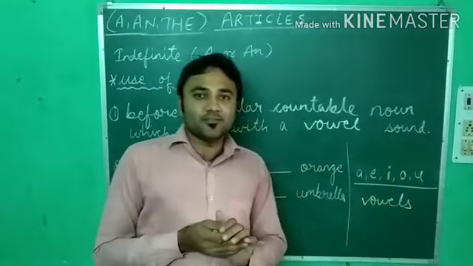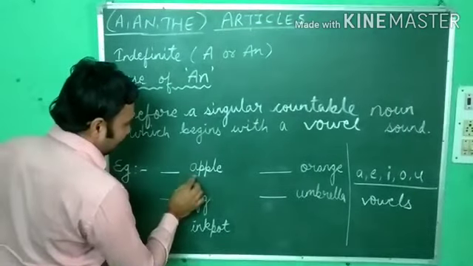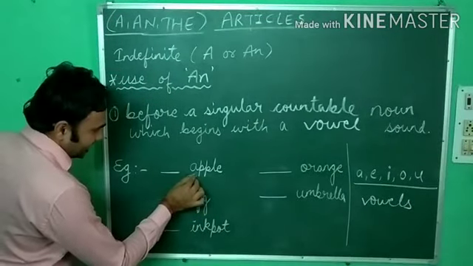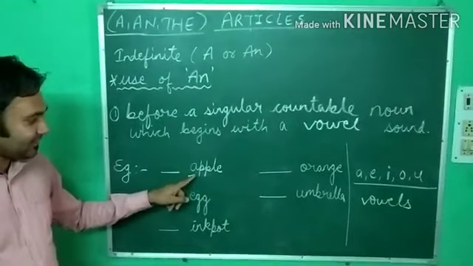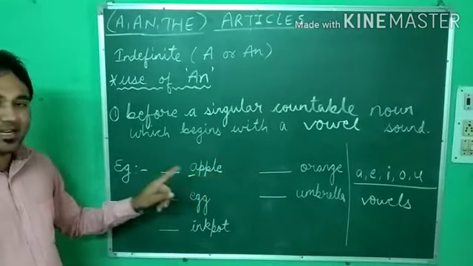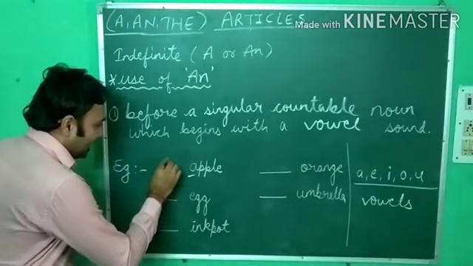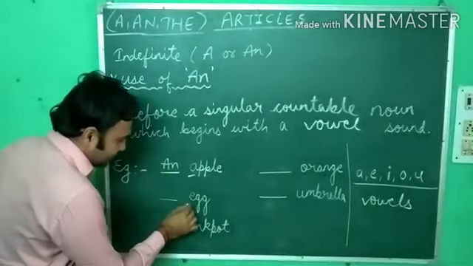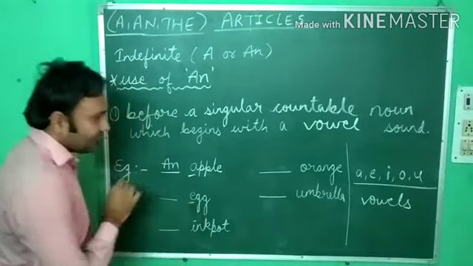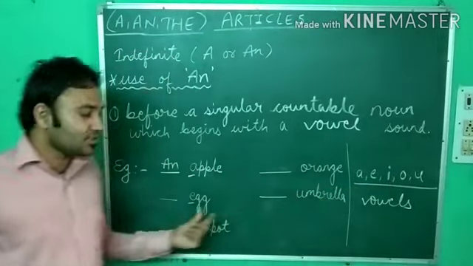Now, let us have some examples. Like this word apple, it is beginning with A, it is a vowel, and when we read this word, we are getting a vowel sound. Hence, we will write an apple. When we read this word egg, it is beginning with a vowel letter and we are getting a vowel sound.